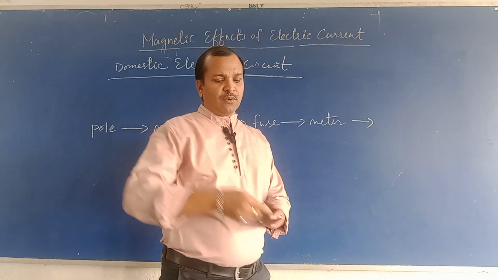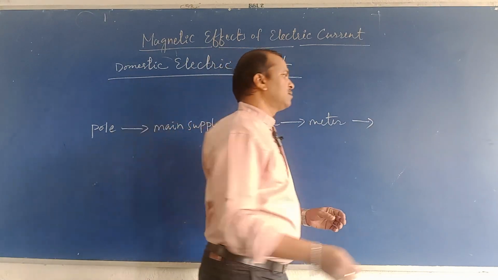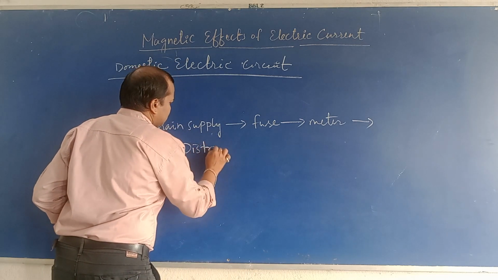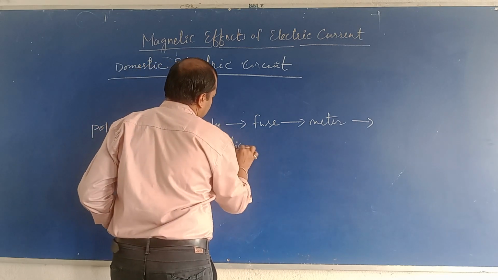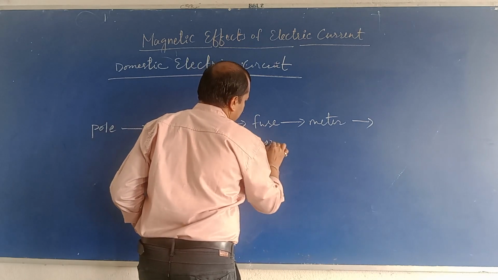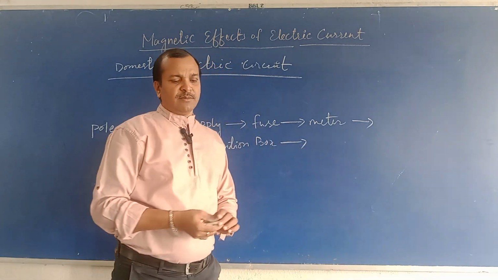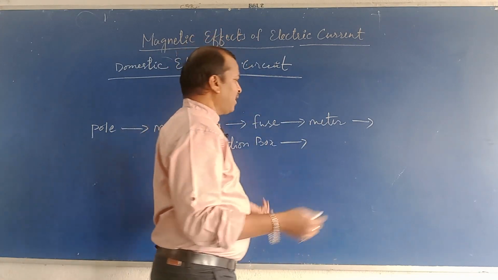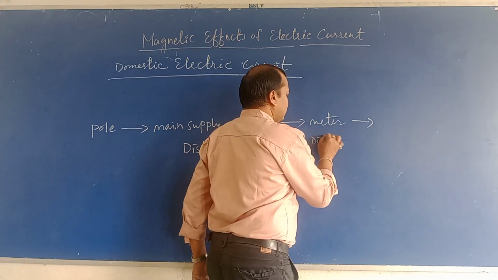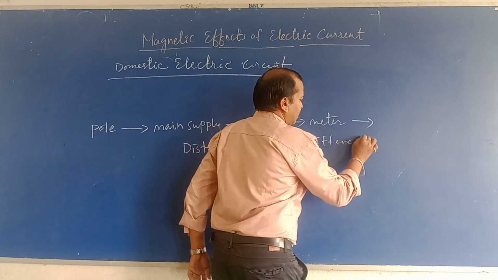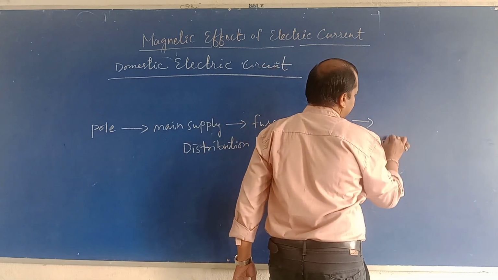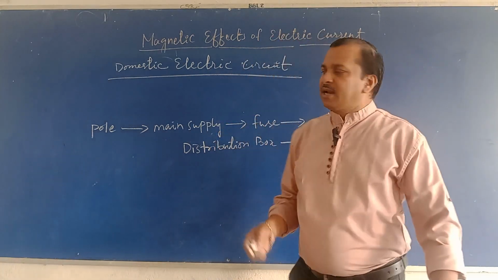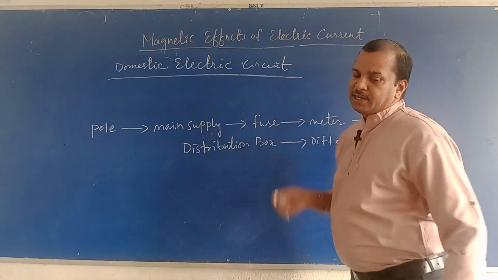From the meter, it will go to the distribution box. From the distribution box, it will go to different appliances like fans, lights, etc. Clear? This we have to write thoroughly.